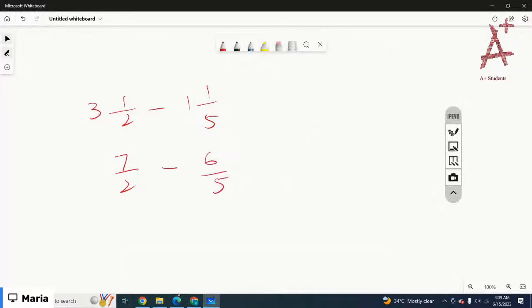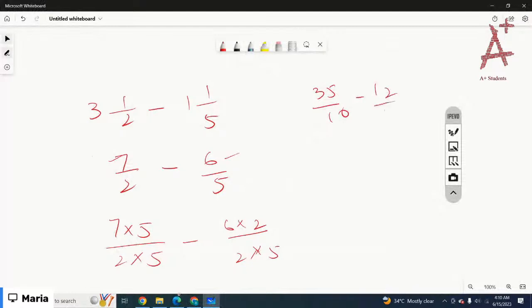The common denominator would be 10, so you multiply the first fraction by 5 and the second by 2. So 7 times 5 over 2 times 5 minus 6 times 2 over 5 times 2. It would be 35 over 10 minus 12 over 10.